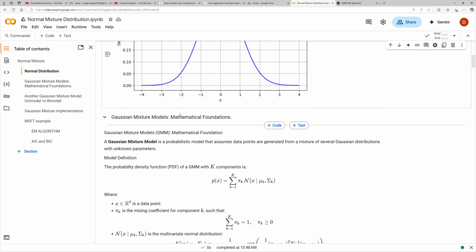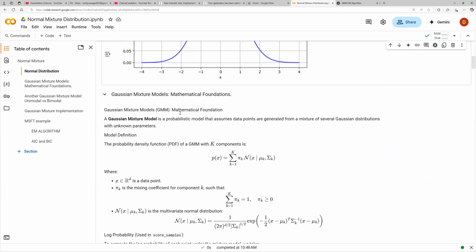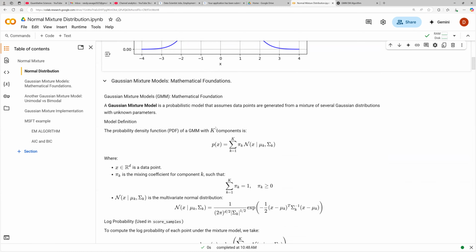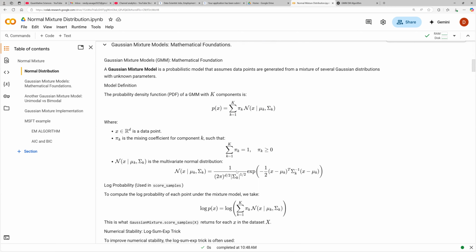Here's a brief mathematical overview. We've got this summation over a number of components, where we combine two multivariate normal distributions. The pi k are basically the weights, and they have to sum to one. And these are the multivariates.